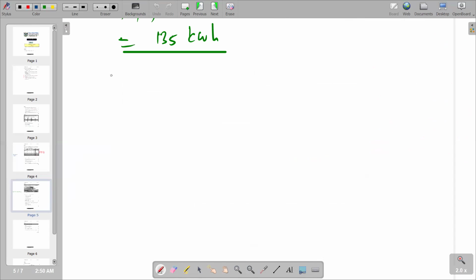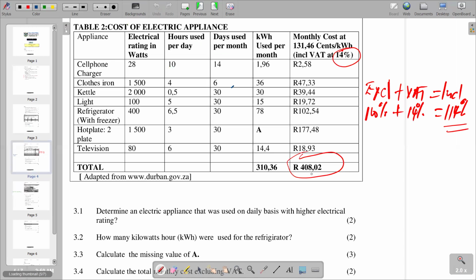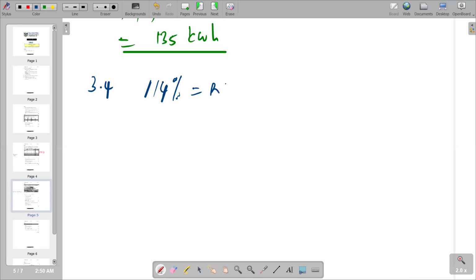This is on 3.4, whereby we are saying the one that we are given is 114%, which is 408 rands 2 cents. So the figure that we are looking for is 100%, which is going to be a question mark.